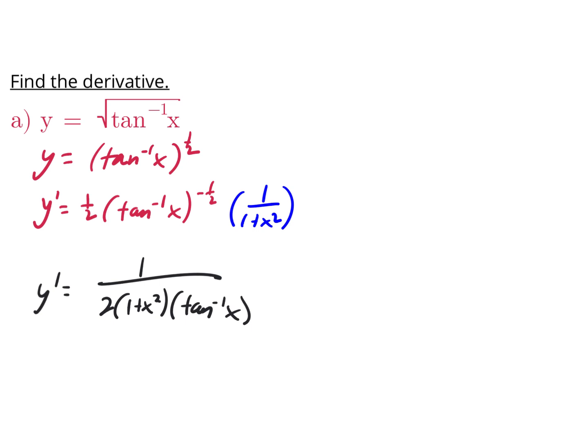Okay, and so I like to always put not ugly things in the front. To me, this is an ugly thing. Would it make a difference if these two were flipped around? Of course not. Don't forget your y prime. That's kind of important. There we go. How's that?